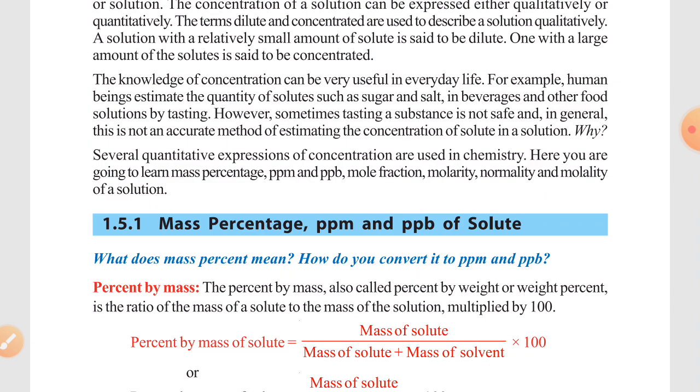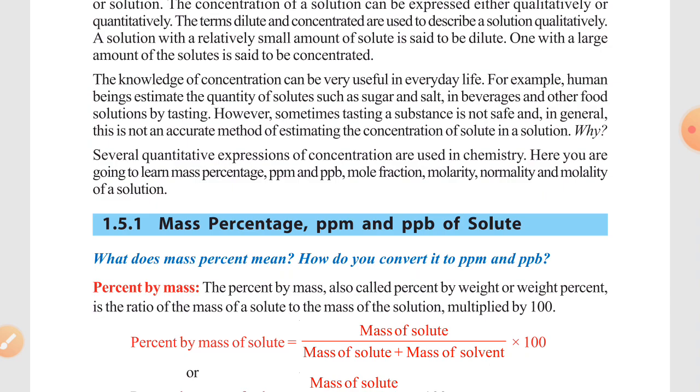For example, human beings estimate the quantity of solutes such as sugar and salt in beverages and other food solutions by tasting. However, sometimes testing a substance is not safe.